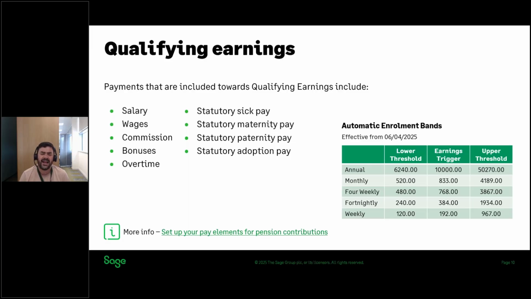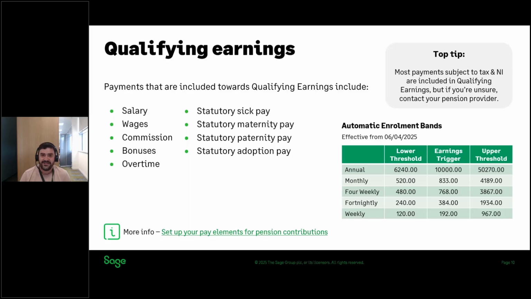So when it comes to calculating contributions for schemes that use qualifying earnings, it's going to include pretty much all types of pay, but it's only going to work it out on the earnings between, say, £520 monthly and £4,189. So those being the monthly lower and upper threshold. So if you do have that box ticked, that is how the calculation will work.